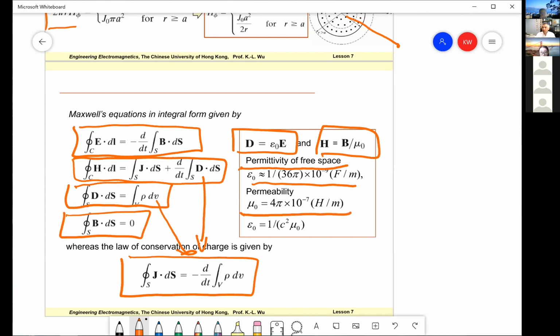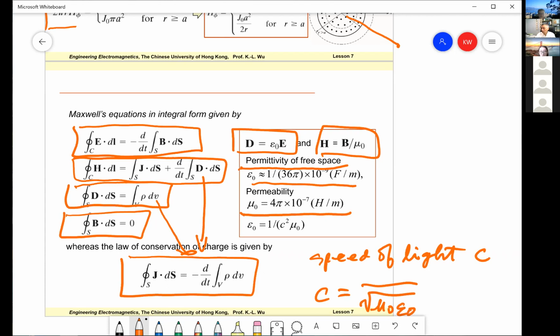The interesting thing is that the speed of light, c, is related to these two parameters.